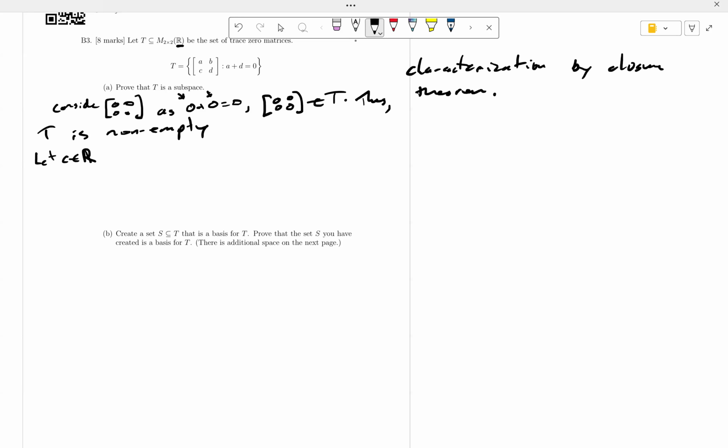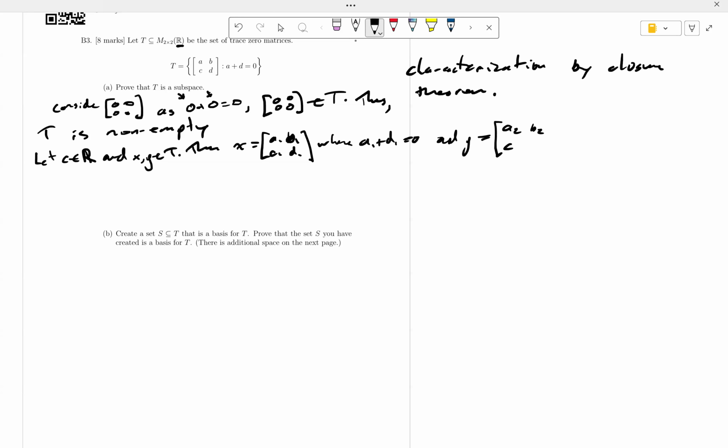It's not just F, it's R. And X, Y be in T. Then X equals A1, B1, C1, D1, where A1 plus D1 equals 0, and Y equals A2, B2, C2, D2, where A2 plus D2 equals 0.